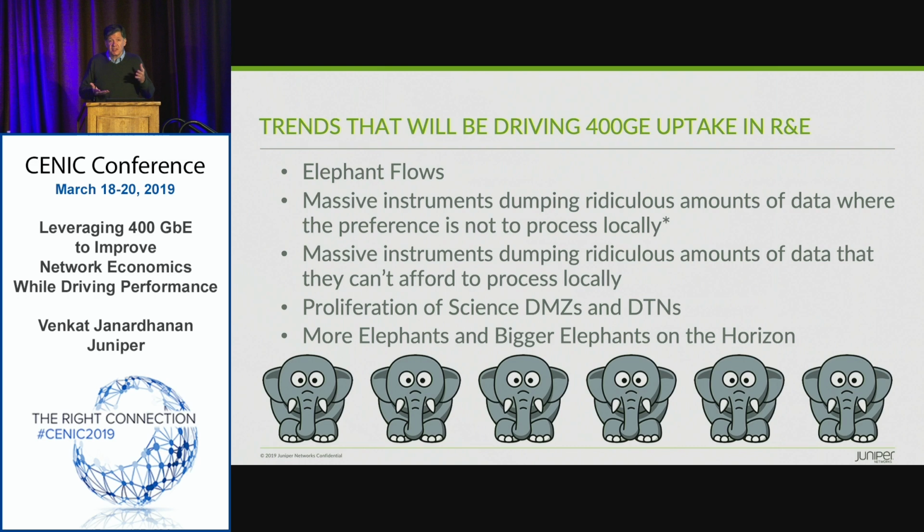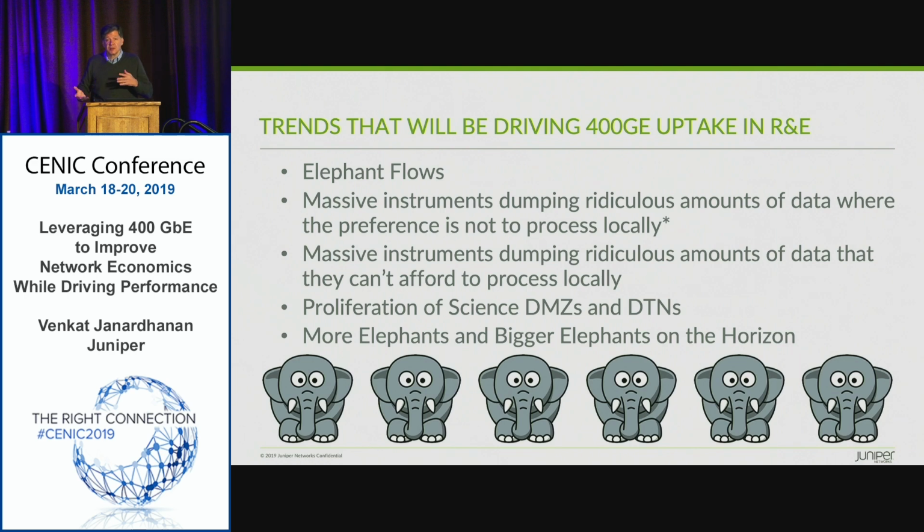On a mountaintop in Chile, it's not practical to put a supercomputer up there, so you want to move data. But other newer drivers are new applications, and I was this week talking to both Eli Dart and Mark Foster about it. There's some machine at Slack that's dumping ridiculous amounts of data that they have to figure out how to boil down before they can send it anywhere. And they don't have the budget to process it locally.